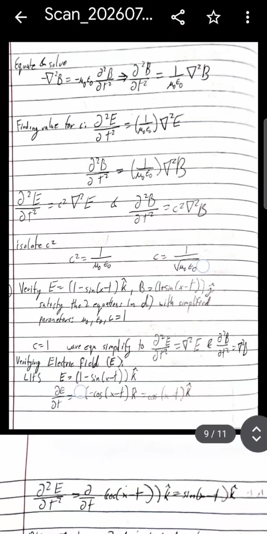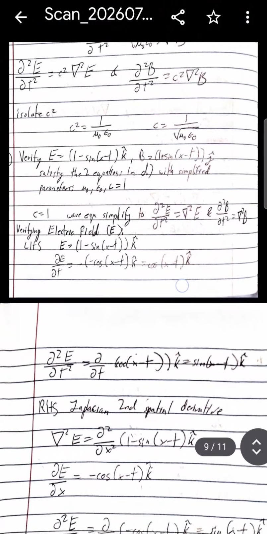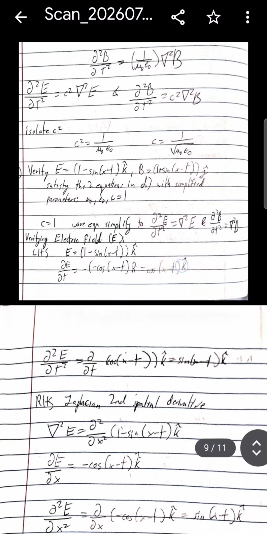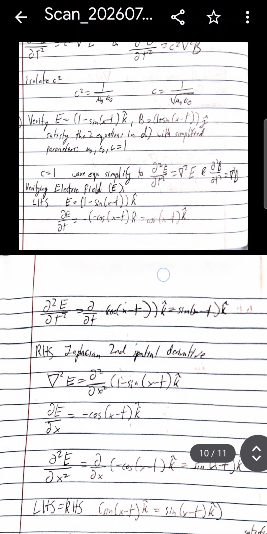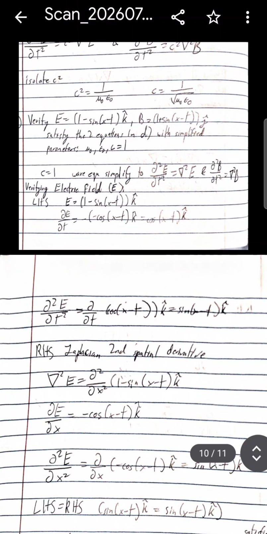And then finally, we'll go to part E, the final portion, where you verify the wave equation. We simplify parameters where mu naught, epsilon naught, and c all equal 1.